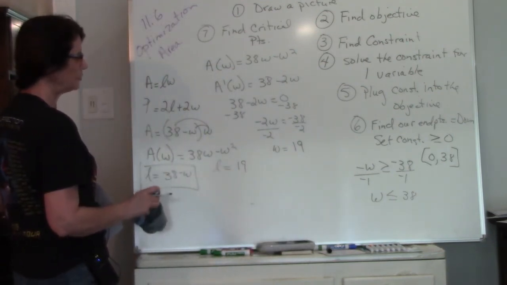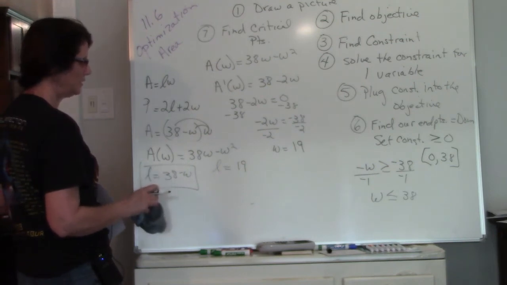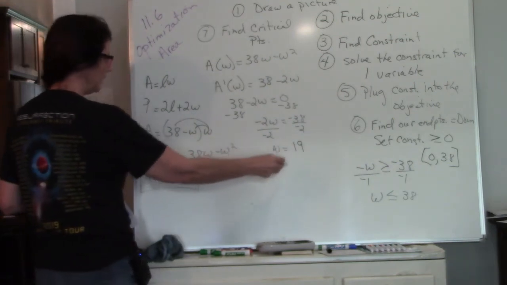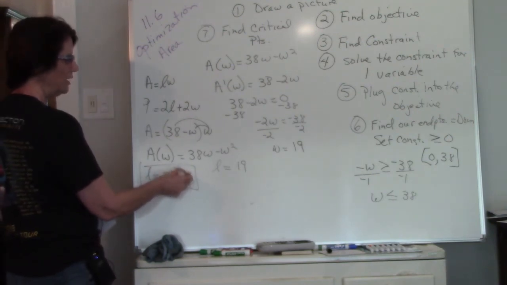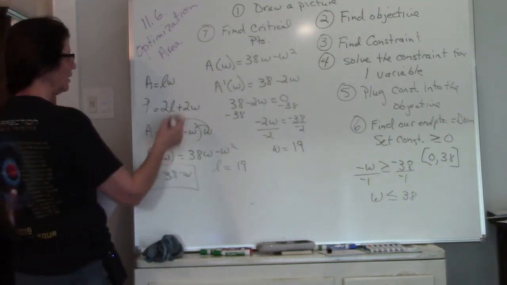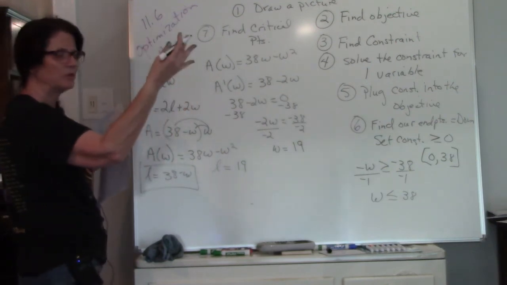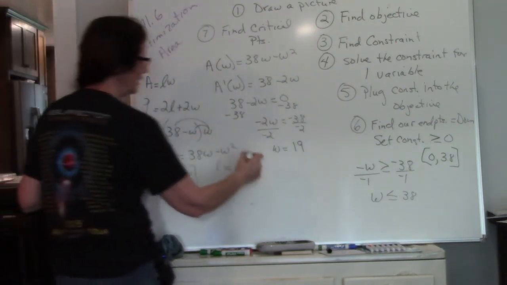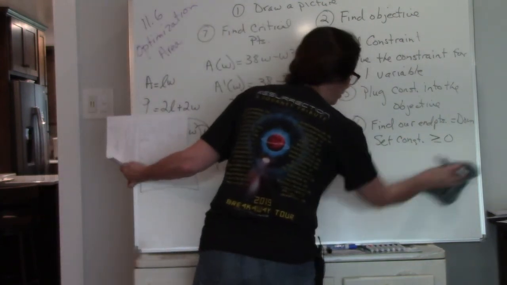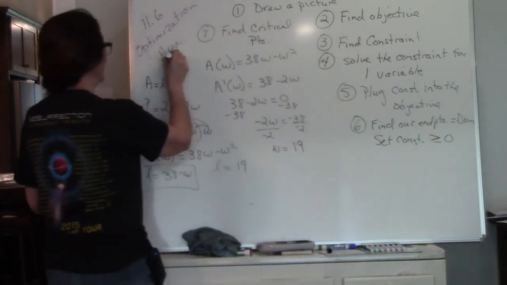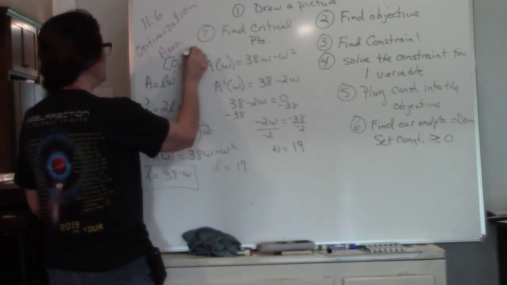So we found our critical point. Our critical point was 19. We plug our critical point back into here. Okay, and now we're going to double check everything. Just like we did with our absolute max, we're going to take our endpoints, which were 0 and 38.